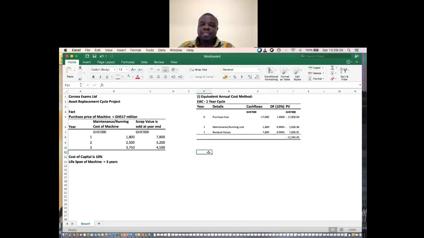So we know that equivalent annual cost is equal to the PV of the cash flows, so PV of cost of machine, over the annuity factor.